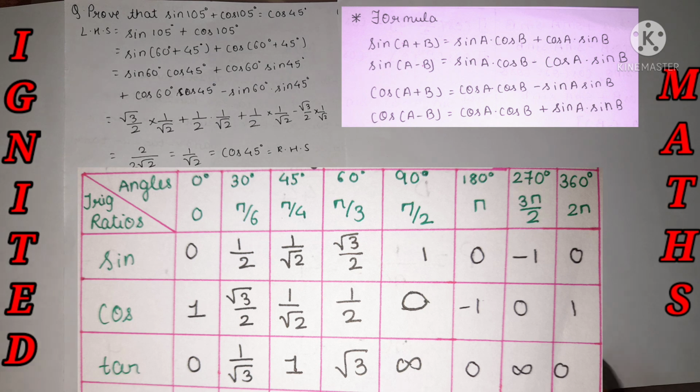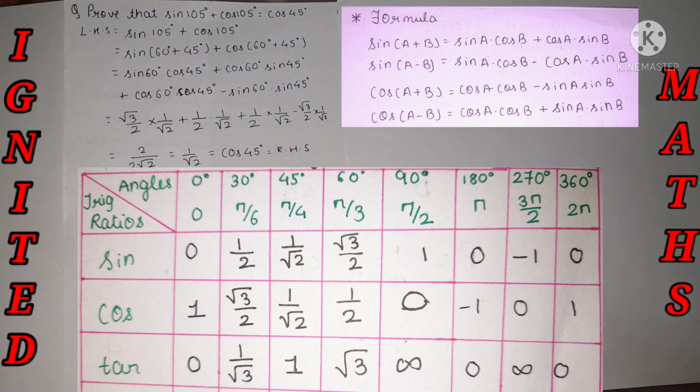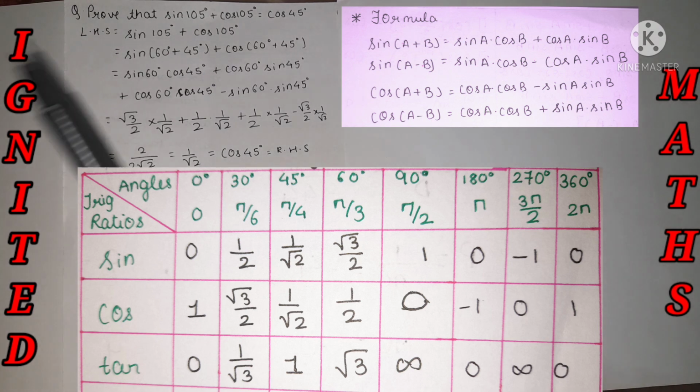But over here, sine 105 degree and cos 105 degree, how do we find them? We need to add or subtract any two angles so that we get 105 degree. For that purpose, I have done 60 degree plus 45 degree is equal to 105 degree.